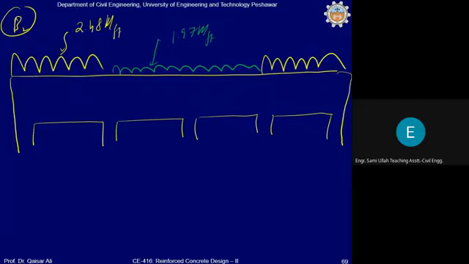And once you calculate the moment and shear values, the design is same. You can do the design in the same way using the same procedure. Okay, clear? Any question?